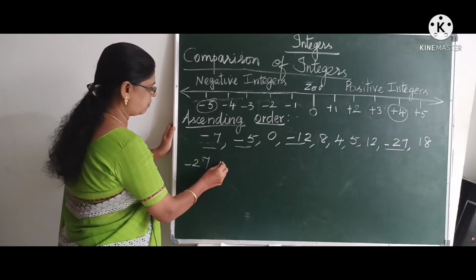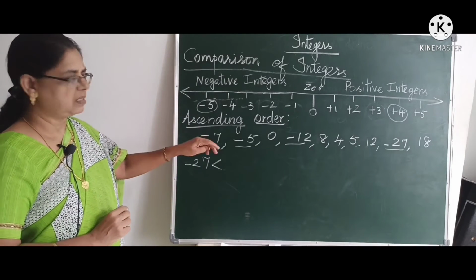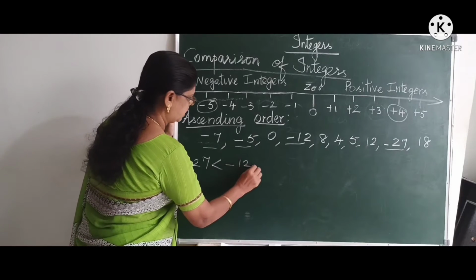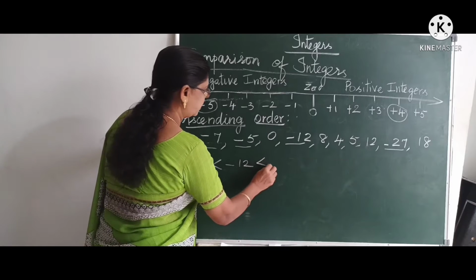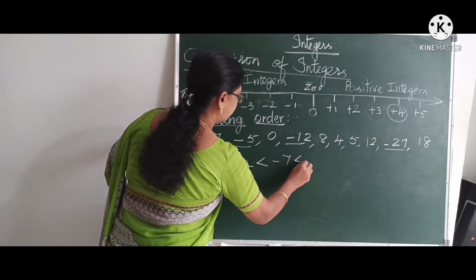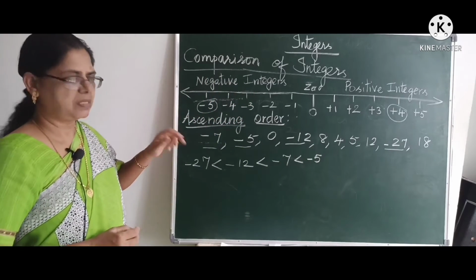So minus 27 is smaller than, which is the next smaller negative integer, minus 12. So minus 27 is smaller than minus 12 and it is smaller than minus 7 and minus 7 is smaller than minus 5. And then comes 0.